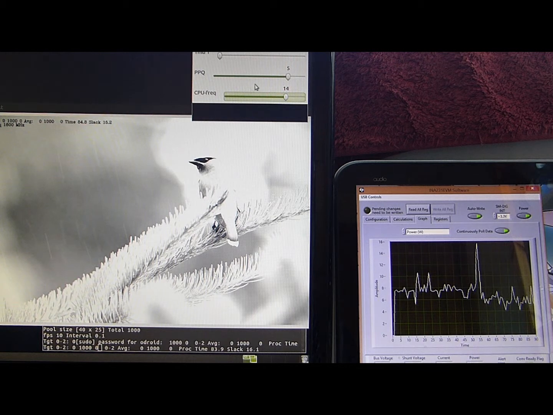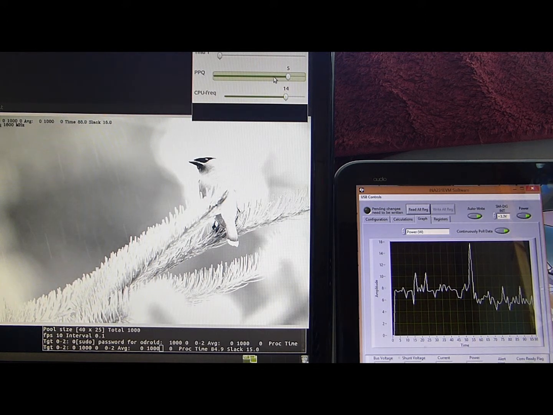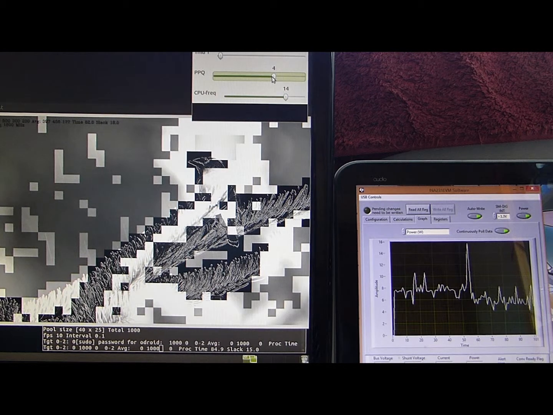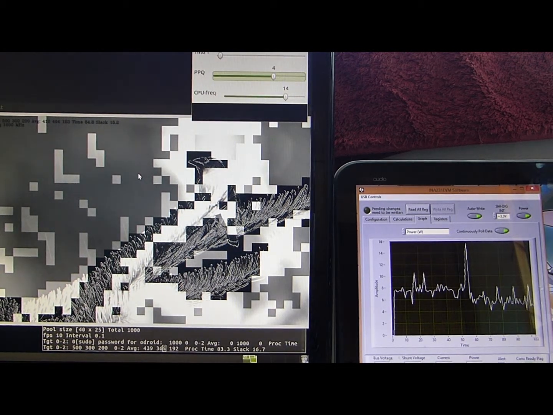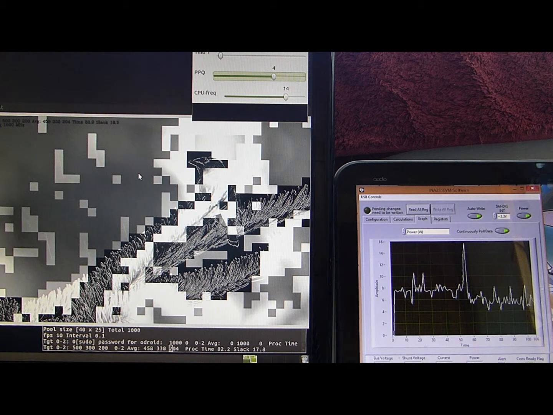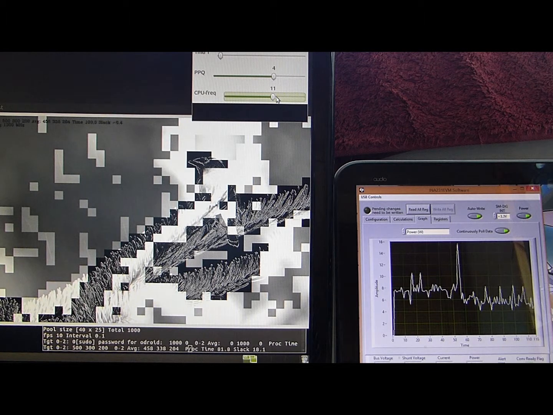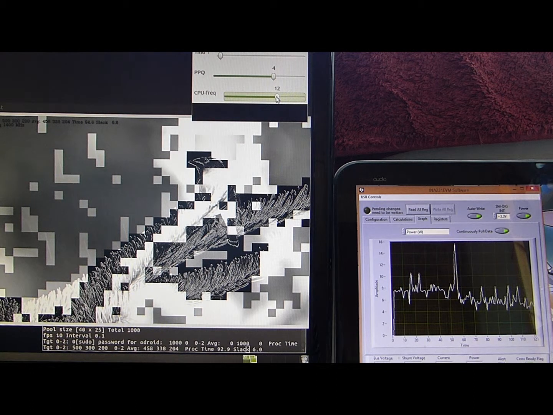Obviously we can average these out and get much better results in a proper test. If I now go down to PPQ of 4, which is the highest quality of the adaptive image processing, we find we can go down to about 1400 megahertz, and we're still in positive slack, and again we've got another reduction of power, going down to about 5.2 watts.